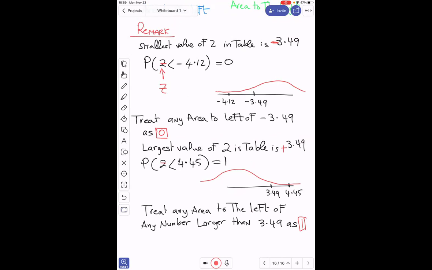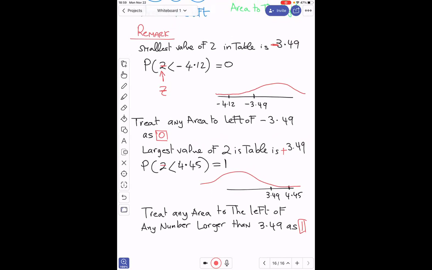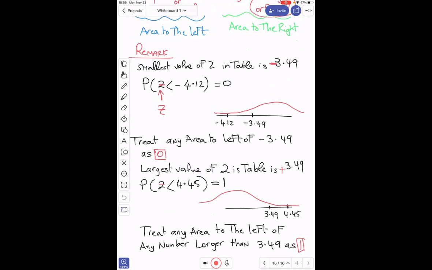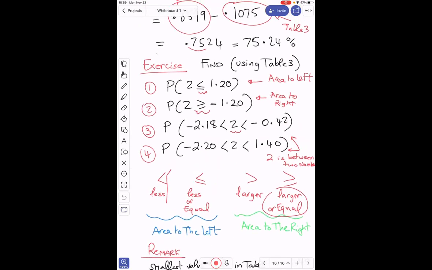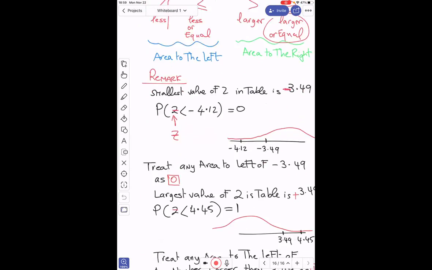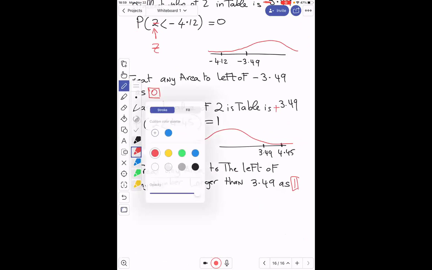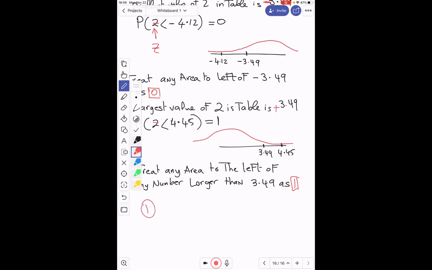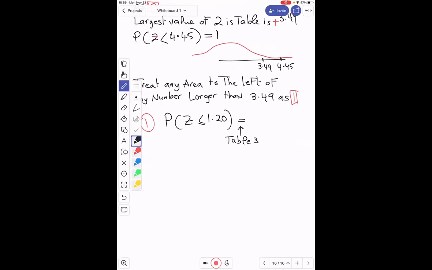Okay. All right, guys. So let me go over the exercise. For number 1, you have z less than 1.20. So from the table, the nearest tenth would be 1.2.